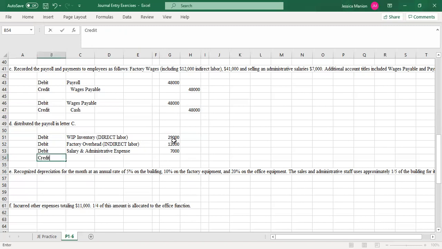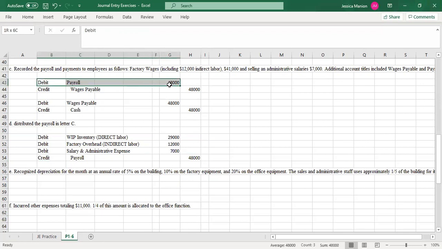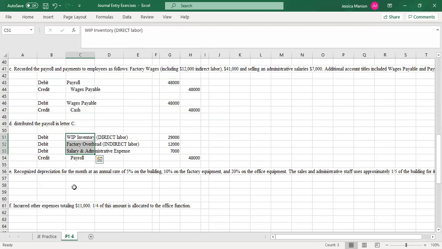And credit payroll for the entire amount. So we threw all of it up here on letter C into this payroll account. And now we have divided it up into the correct expenses or cost categories that they belong in, right? We took it out of this overall payroll account and accumulated it in the actual expense account to which it belongs.